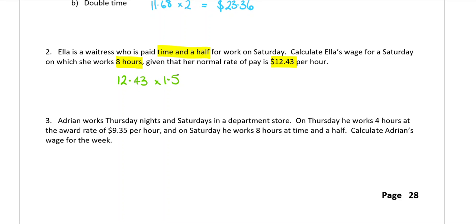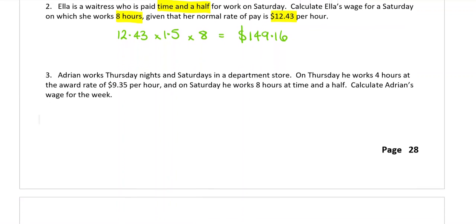So if I times that by 8, it will tell me the total pay for those 8 hours. Does that make sense? So we go 12.43 times 1.5 times 8. She gets paid $149.16.